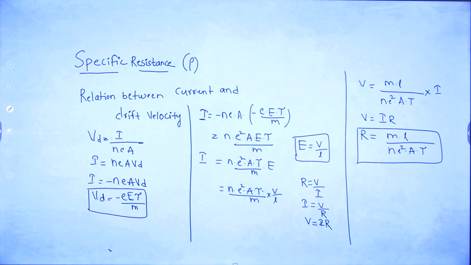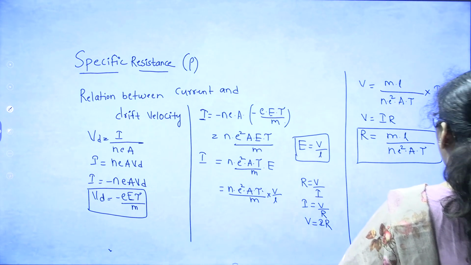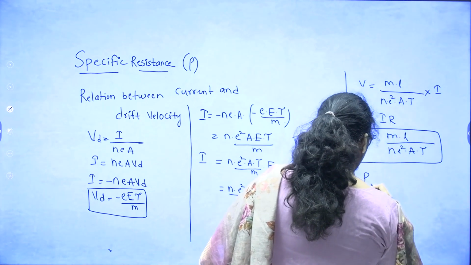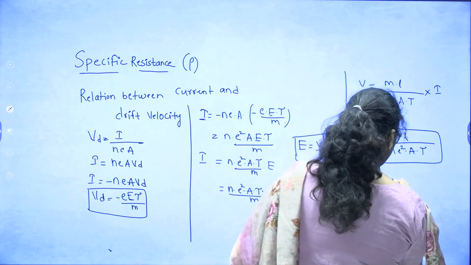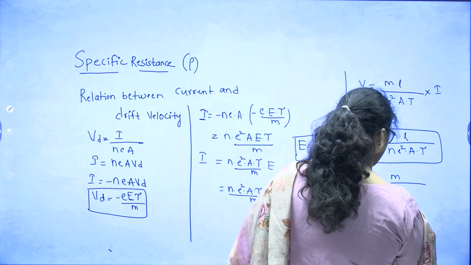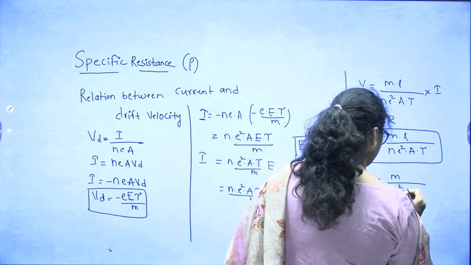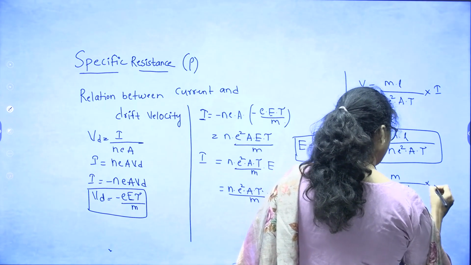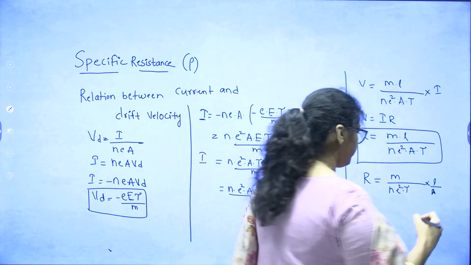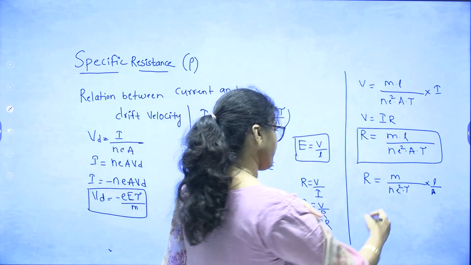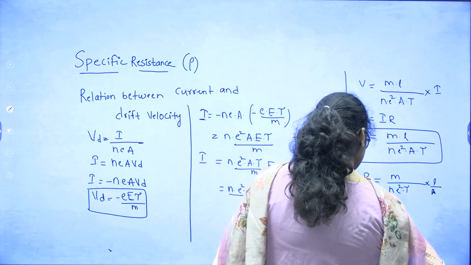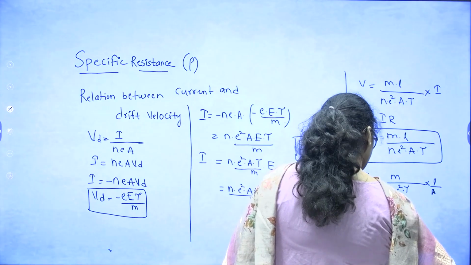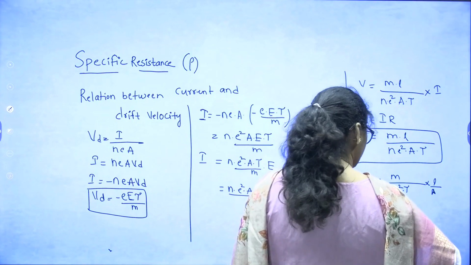Now I'll write this once again in detail. R is equal to m by n e square tau into L by A. Now, what is the formula for resistance? R is equal to rho L by A. Yes or not?